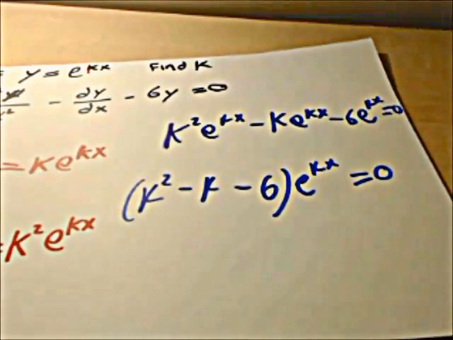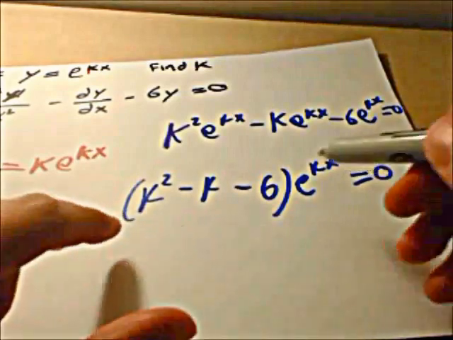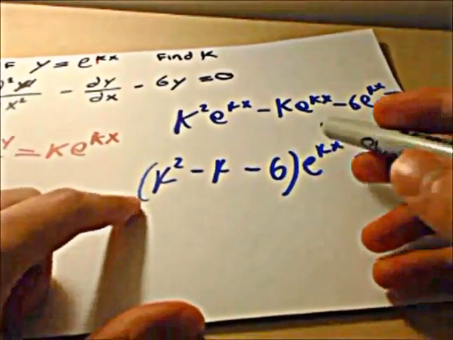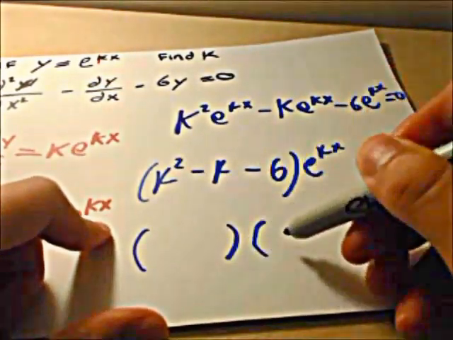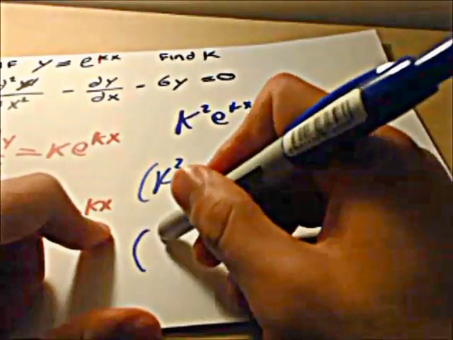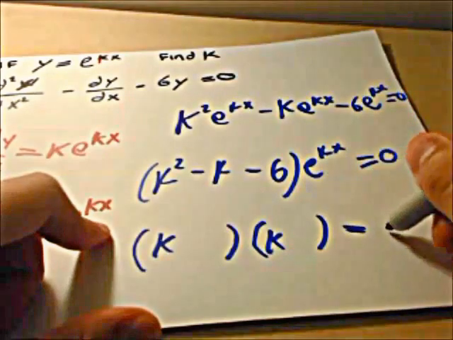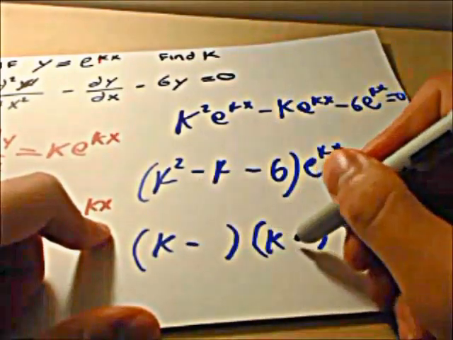So either e to the power kx equals 0, or this other side is equal to 0. If this equals 0, all we've got to do is factorize the quadratic equation. So k times k equals 0, and then we've got a minus and a plus.